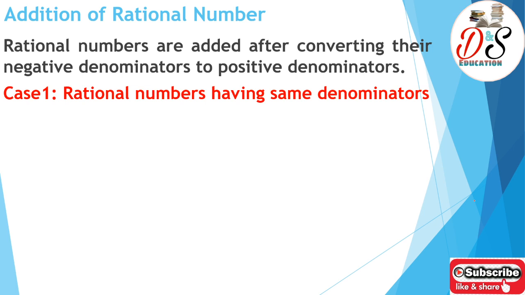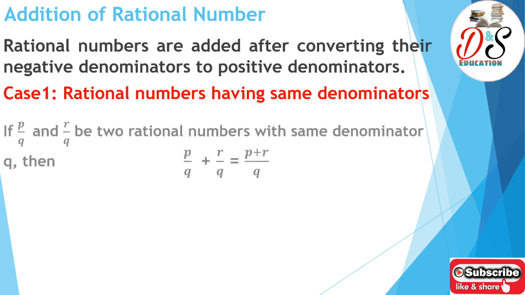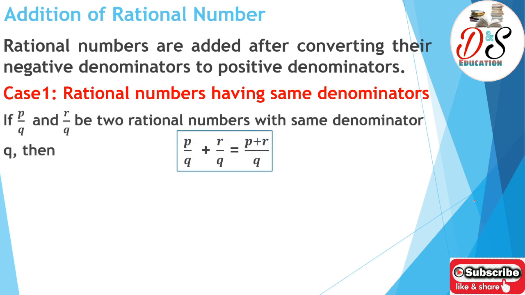First we are going to discuss rational numbers having the same denominators. You can see here we have p upon q and r upon q as two rational numbers with the same denominator q. You can easily see that both rational numbers have the same denominator. Now we have to add these two rational numbers.